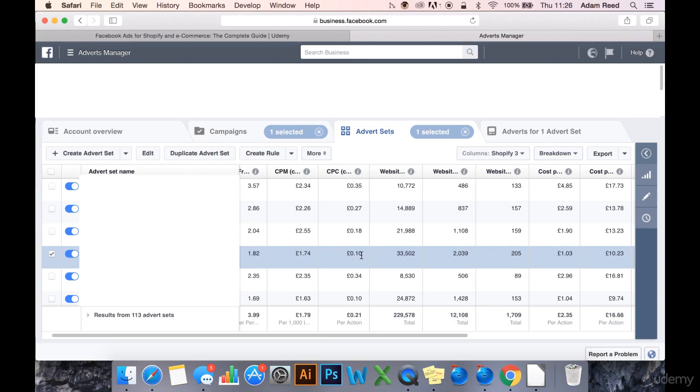If you're running the same creative to separate audiences, then you're split testing audiences. In which case, the CPC would indicate that the audience with the lowest CPC is more interested in the product, they're responding better to it, it's costing you less to acquire these clicks. Again, another 10 pence CPC and a cost per purchase of £9.